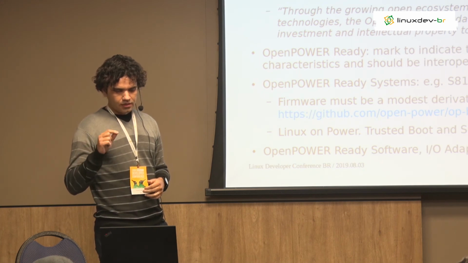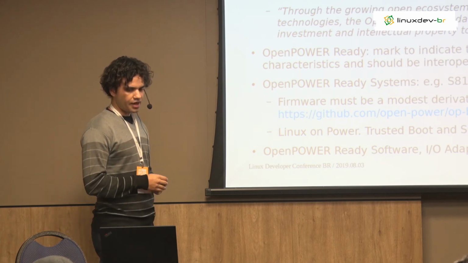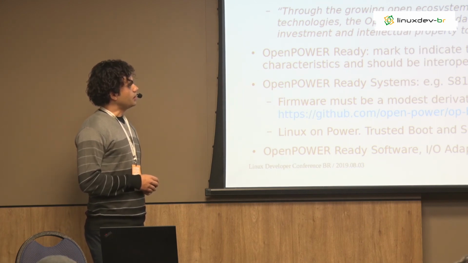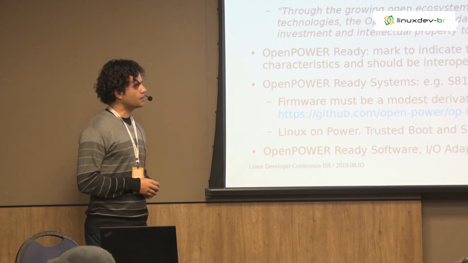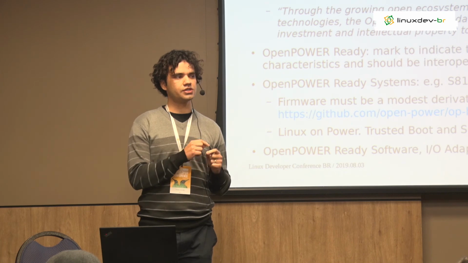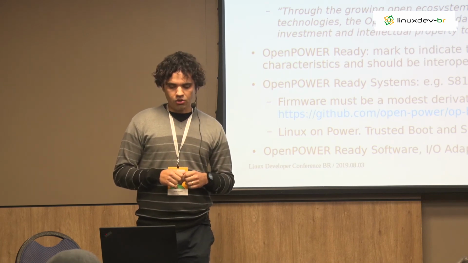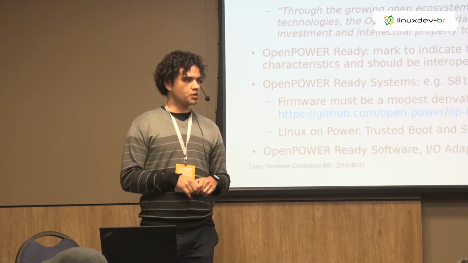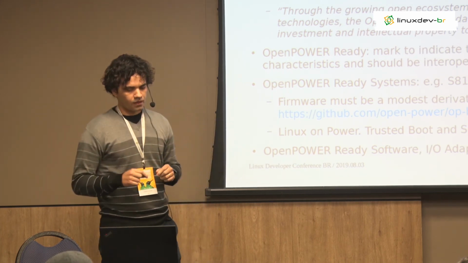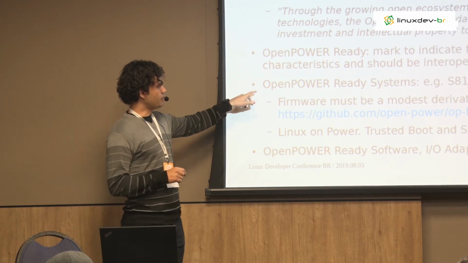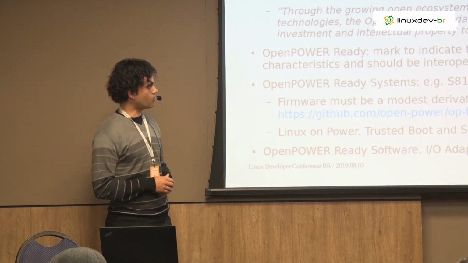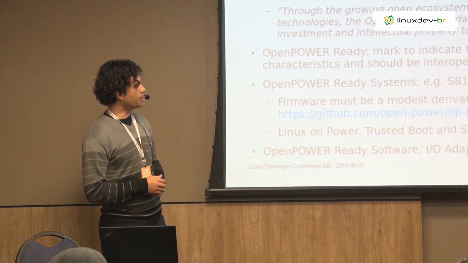And in the OpenPOWER Foundation, we have the OpenPOWER Ready program, and it's a mark to indicate that the product meets the minimum set of characteristics, and also that the product should be interoperable with other OpenPOWER products. I give 4 examples here, 2 Power 8 systems and 2 Power 9 systems.